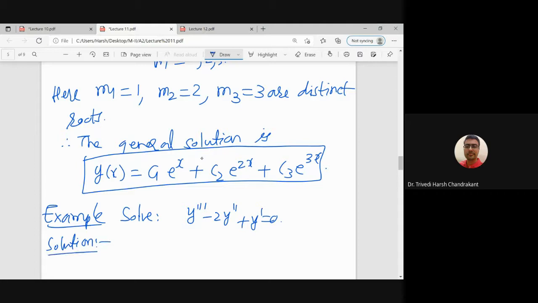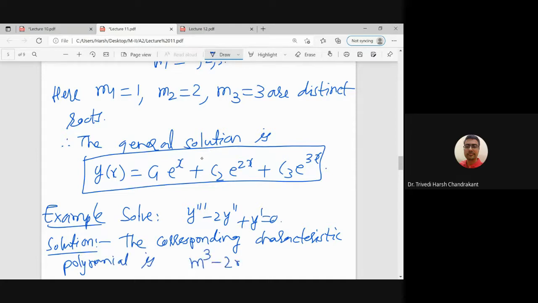So in this case, the corresponding characteristic polynomial will be m power 3 minus 2m square plus m.